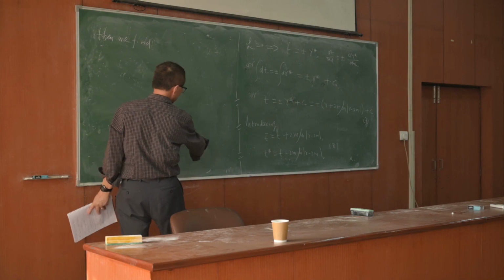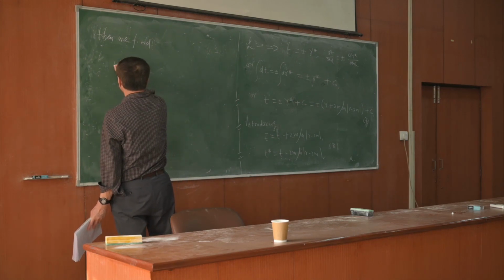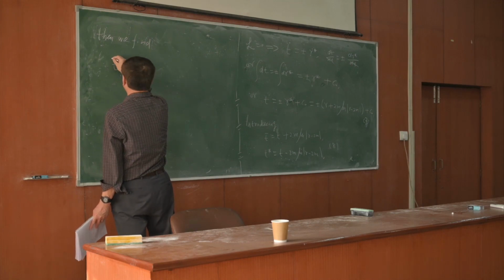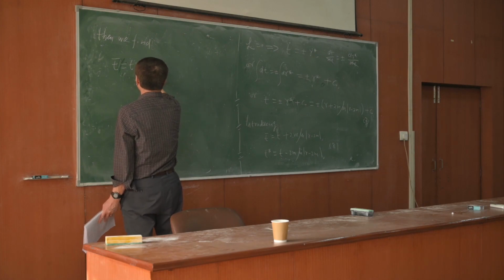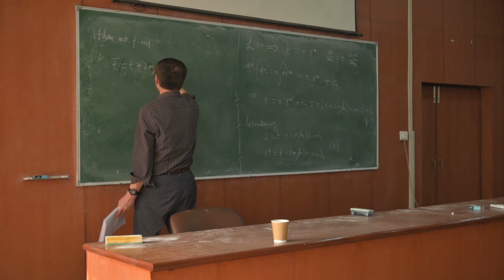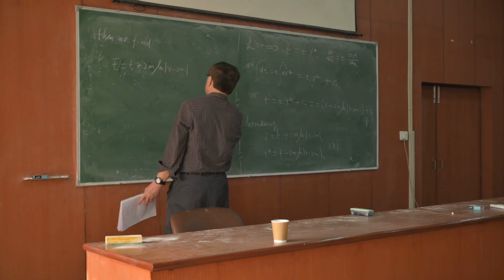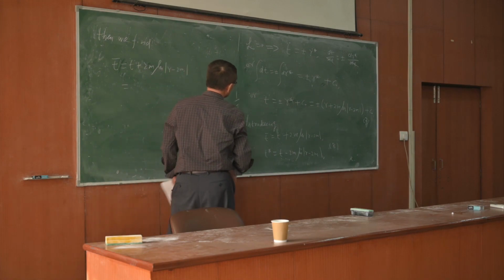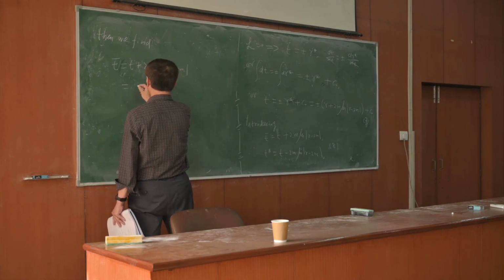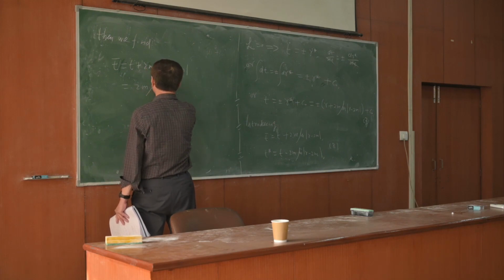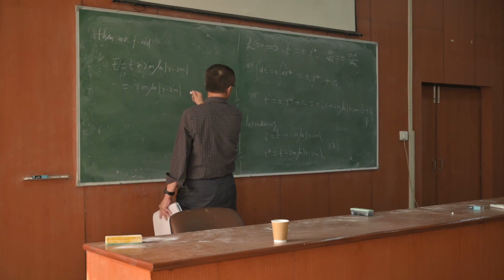So if we write t* equal to this one, then you can see t̄ equal t plus 2m log(r − 2m).